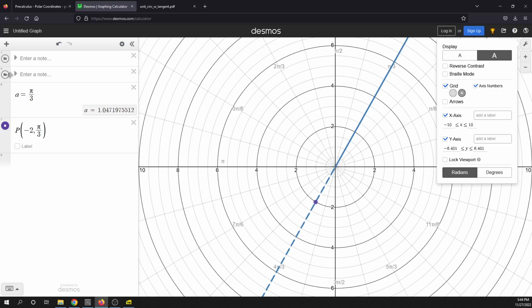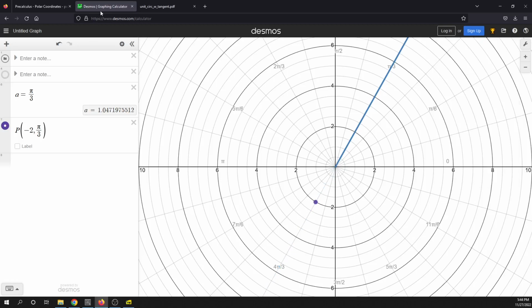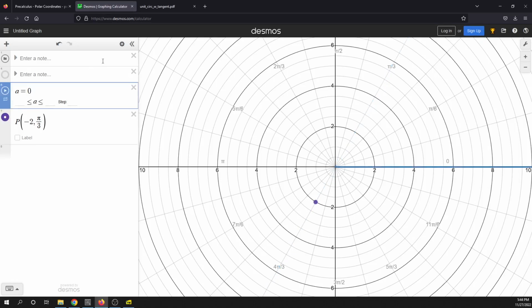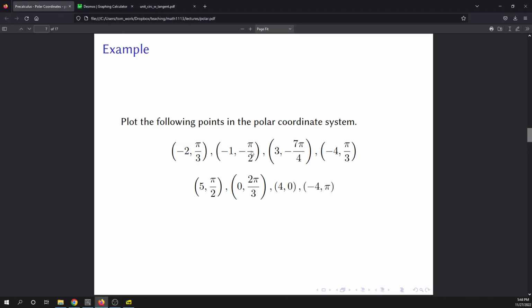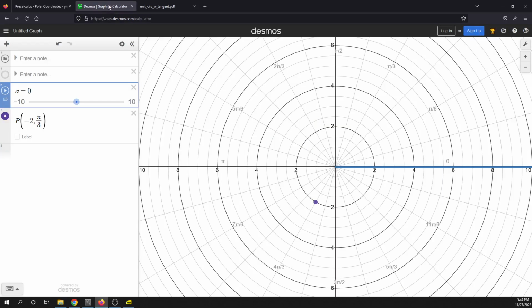Okay, next point is (-1, -π/2). What I'm going to do is again start with the -π/2 first, and find the angle where the terminal side would be for -π/2.